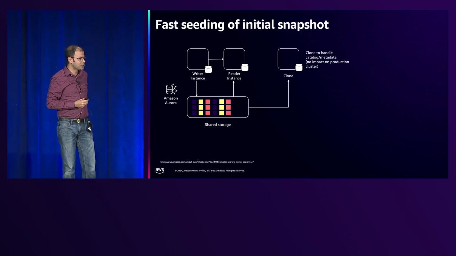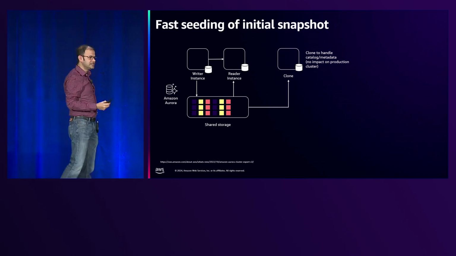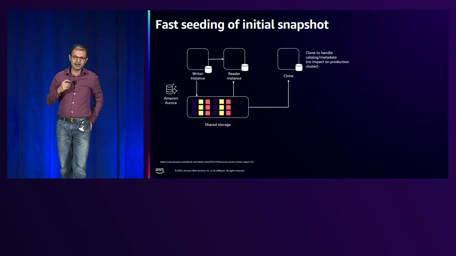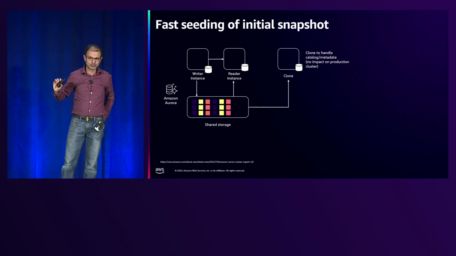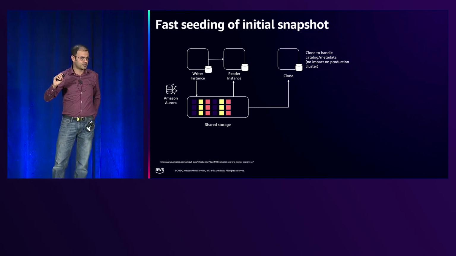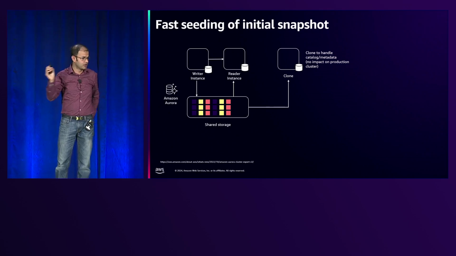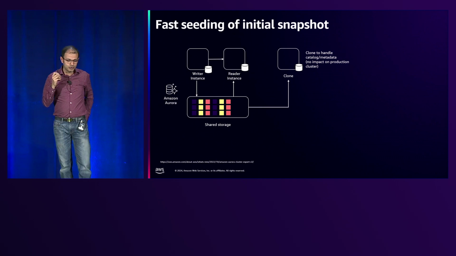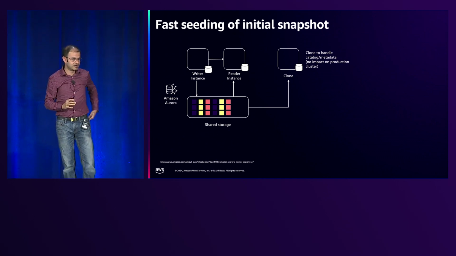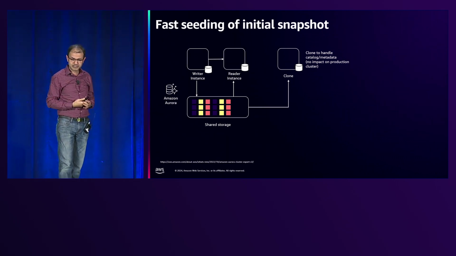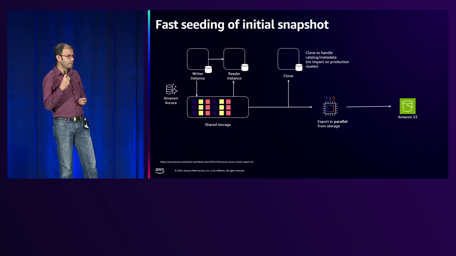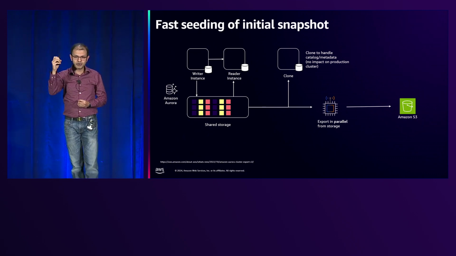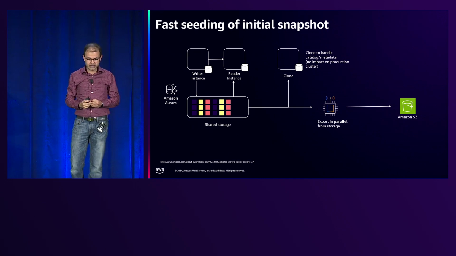When you initiate a zero-ETL integration, again we rely on the ability to create fast clones, so that we can get the metadata corresponding to that data even from the clone without ever impacting your primary database instance. And then we use the shared storage layer, which is spread across many storage servers, to export that data out of the storage tier in parallel, without ever touching your compute tier.